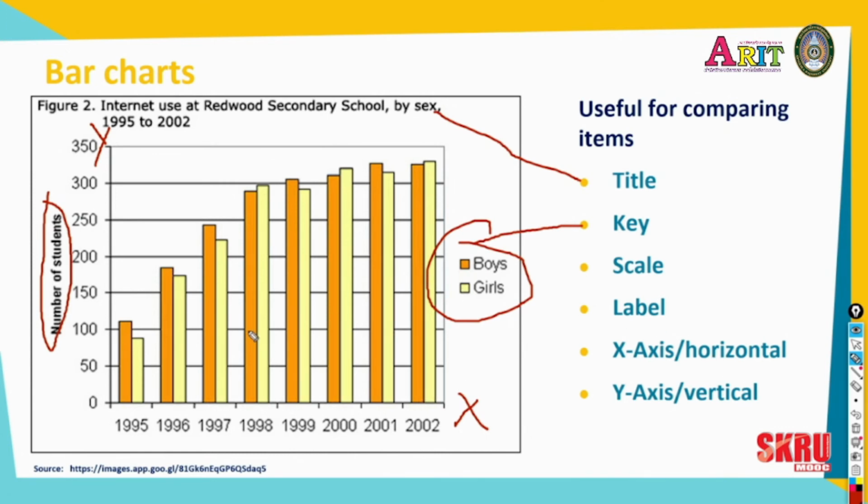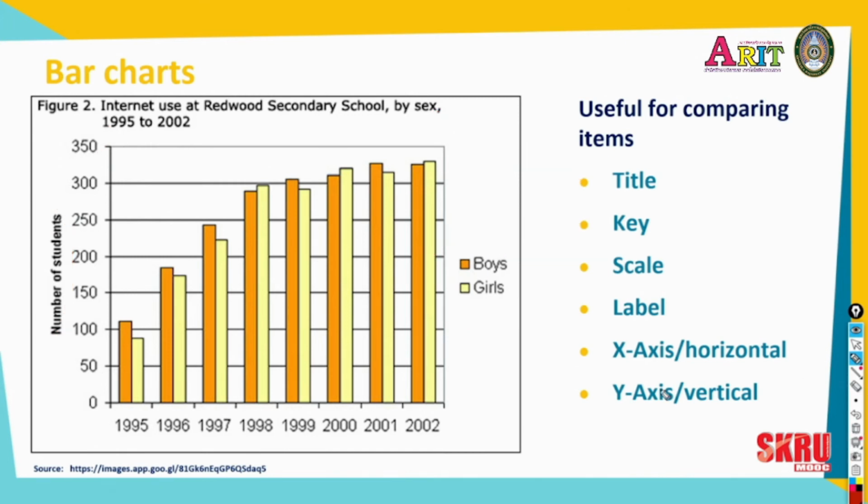We can use the same basic language as before, making comparisons. The number of boys increased. Compare boys to girls each year, compare year by year. There are dozens of kinds of tables and charts you can describe.